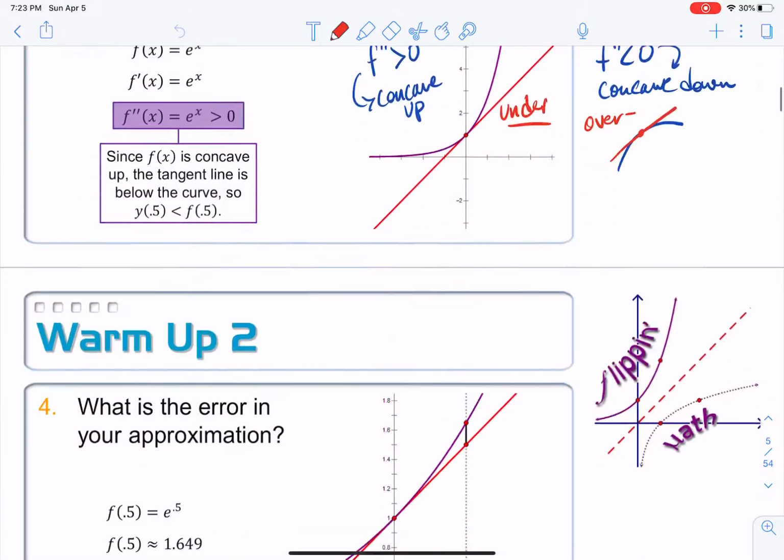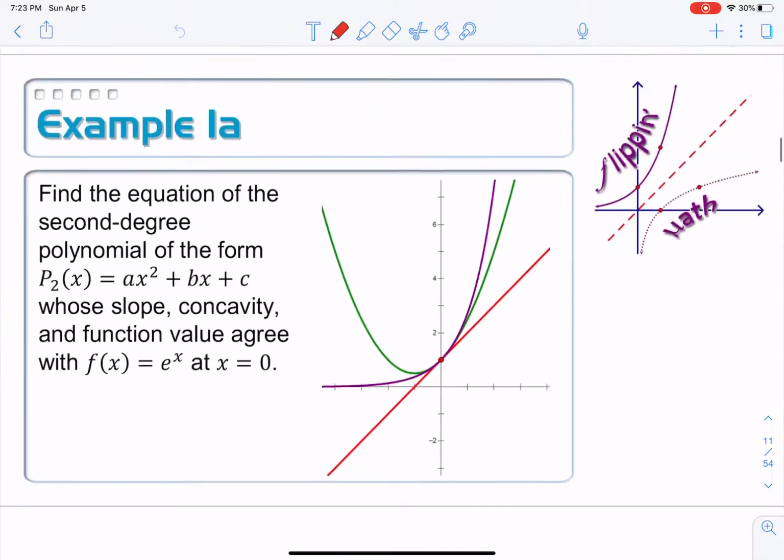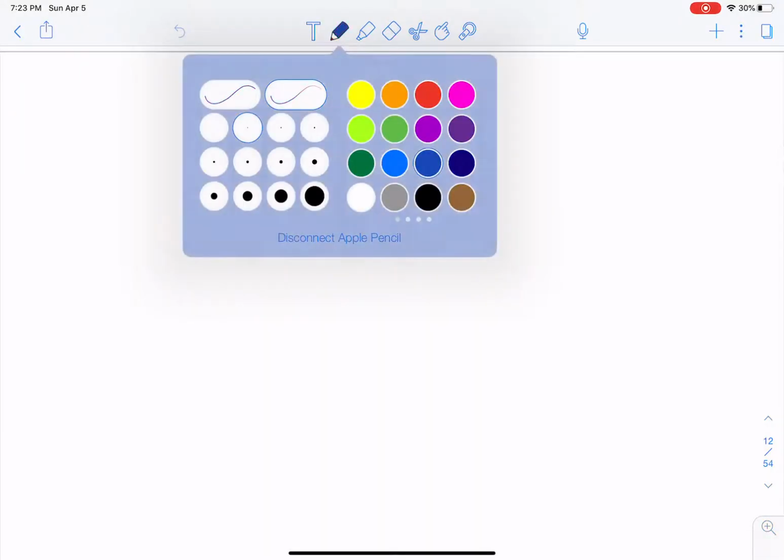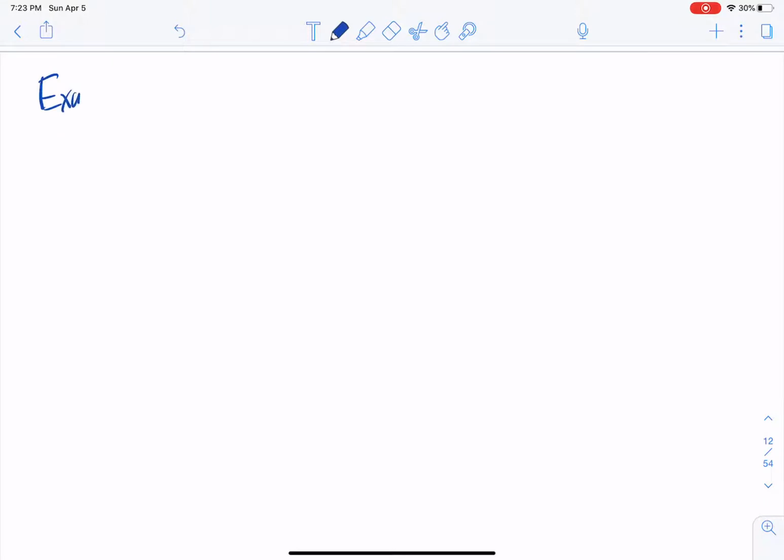Okay, so let's move on to our first exercise. Okay, we've got example 1. And I'm going to do a couple of things here. The first thing, I'm going to write down our functions. This is going to be the function, the derivative, whatever, the things that we're originally starting with.